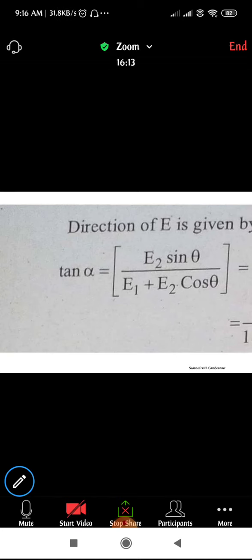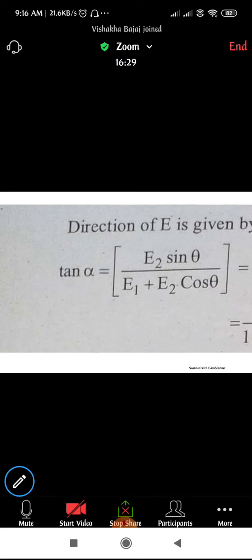Yes, some of you people are not responding. As I said, Bharat, R, Madhushri and Vijay, you people are absent for this class. So others, just calculate the value of tan alpha.